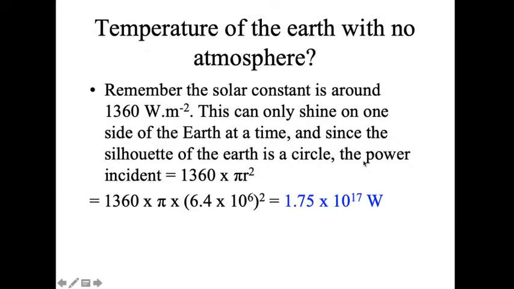So the power on the Earth from the sun is 1,360 times pi times 6.4 times 10 to the 6, and that radius is being squared. We're getting 1.75 times 10 to the 17 watts. So we want to find the temperature from this power on the Earth.